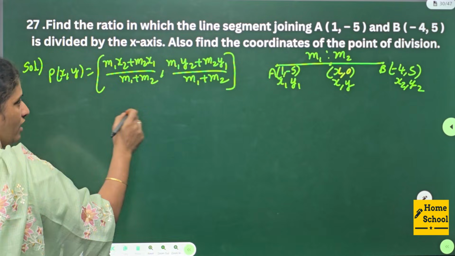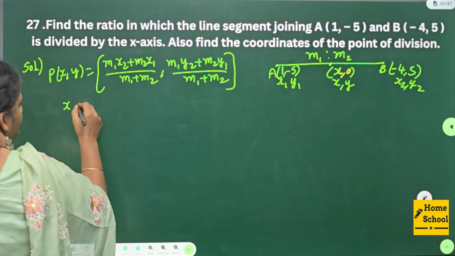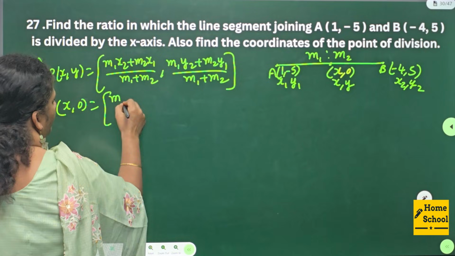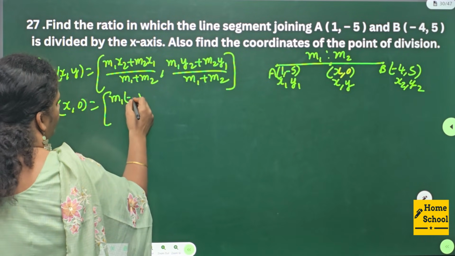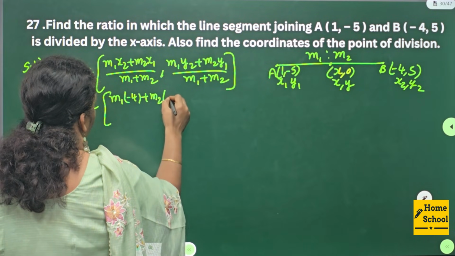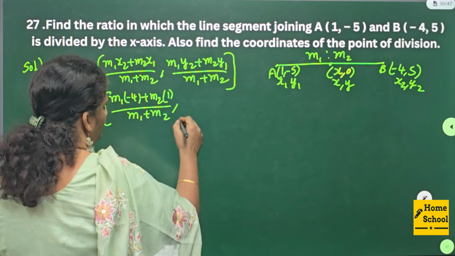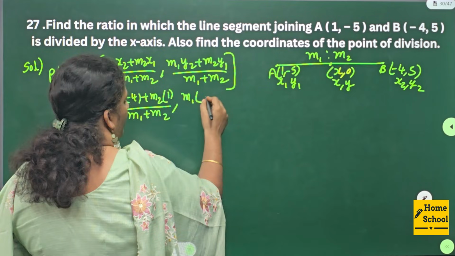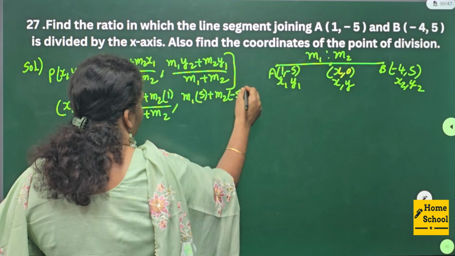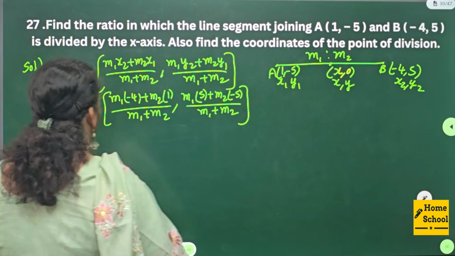Right? What do we know here? Point of division we know, that is x, 0. Write it here. X, 0 is equal to m1 I don't know, m1 into x2 value is minus 4, m2 value we don't know, x1 value is 1, by m1 plus m2, m1 into y2 value is 5 plus m2 into y1 value is minus 5 by m1 plus m2.